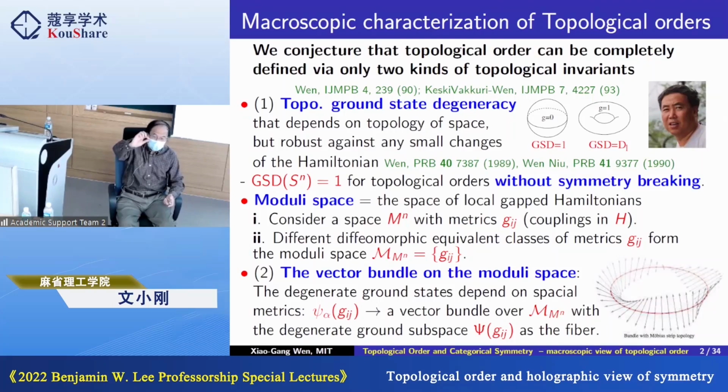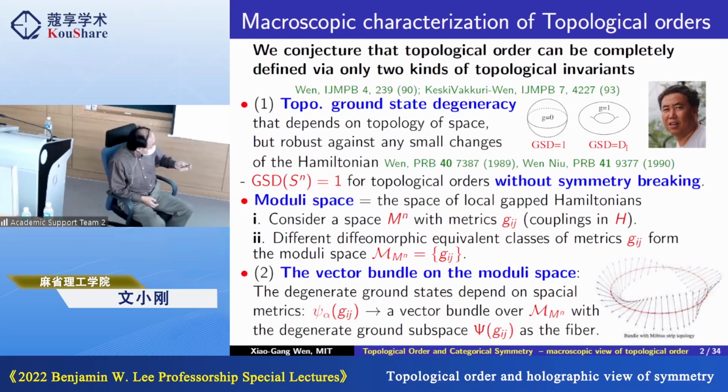So there's a vector space corresponding to the degenerate ground state subspace. Therefore, for every point in the moduli space, we have a vector space describing the ground state subspace. Then we have a vector bundle over the moduli space, and that's it. And the moduli space may have a non-trivial topology, and so this vector bundle can be non-trivial.